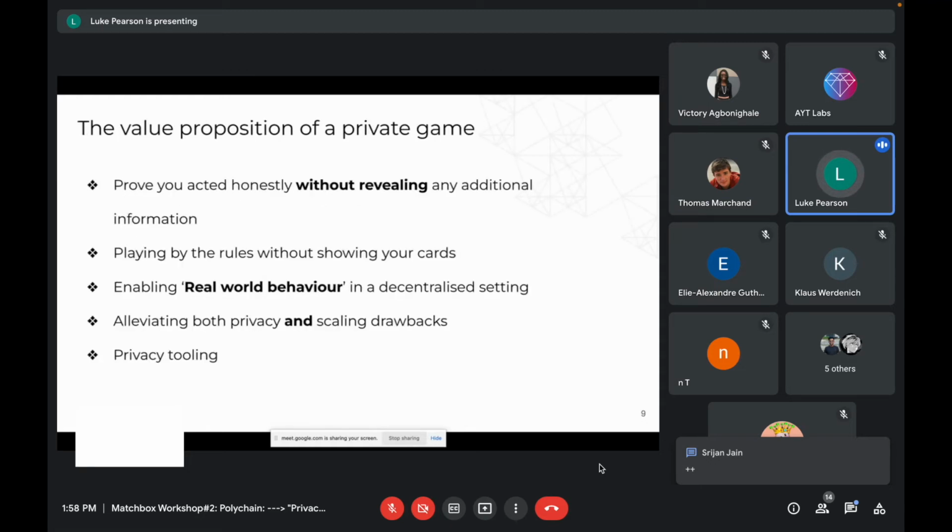And what does it look like for the value proposition of a private game? Well, the first two kind of work together: playing by the rules without showing your cards, and not revealing any additional information. I like the constraints that we're able to set with games here. We're able to take games and have almost anti-cheating, unless in some games where cheating is enabled or encouraged because it's part of the game.